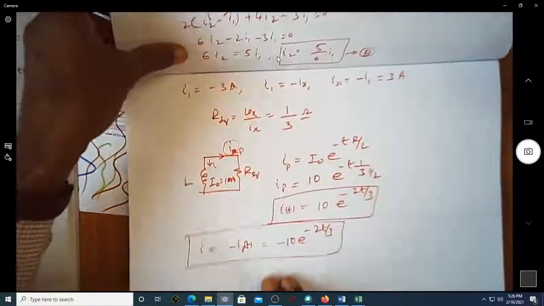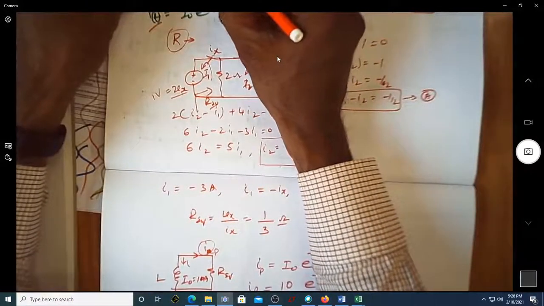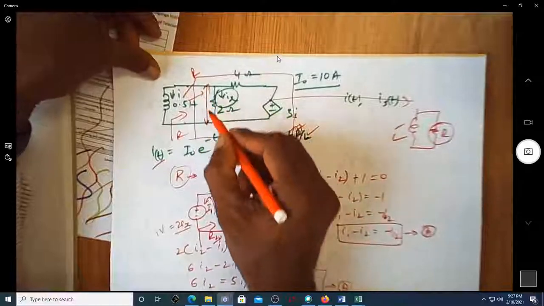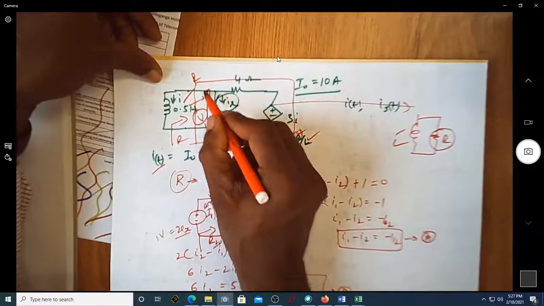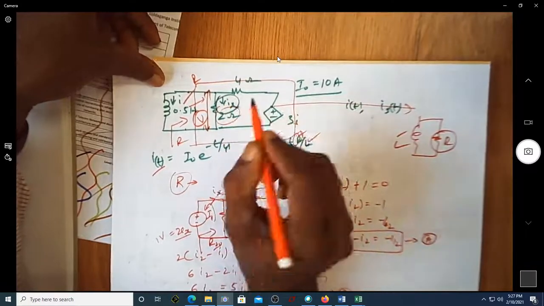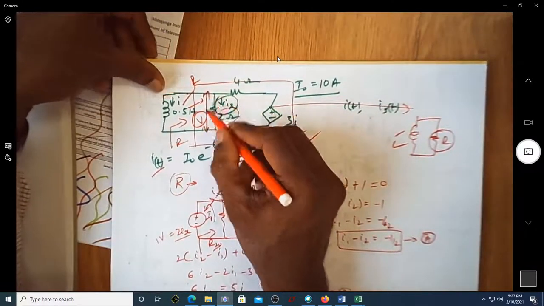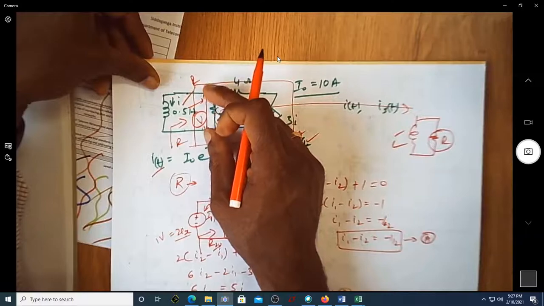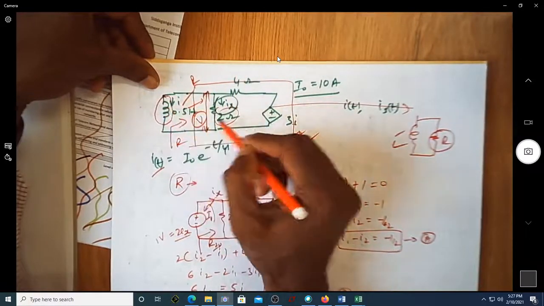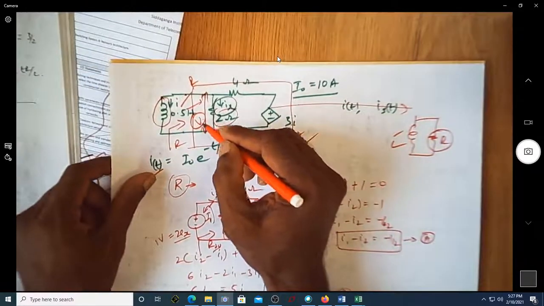If I know the voltage across this resistor, then voltage divided by this resistance happens to be Ix. So how do I find the voltage across this resistor? The voltage across this resistor is nothing but the voltage across this inductor, because they are in parallel. I can certainly find out the voltage V.